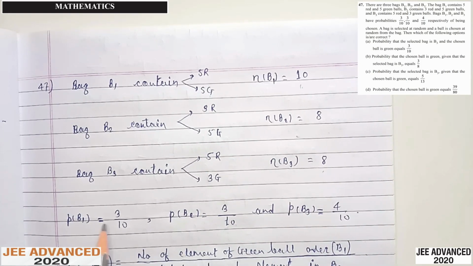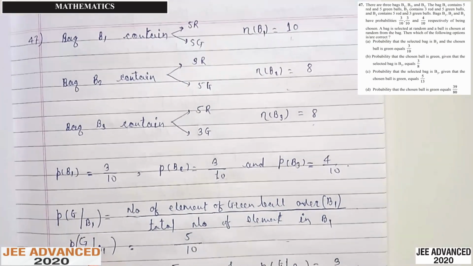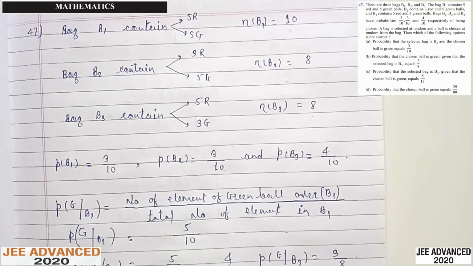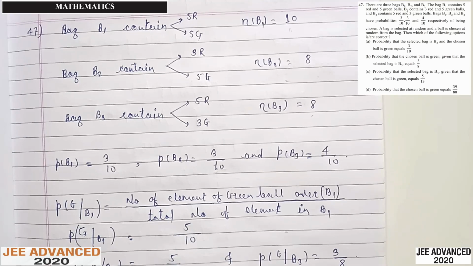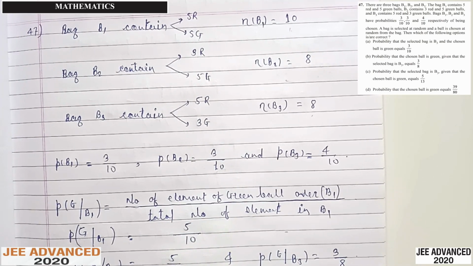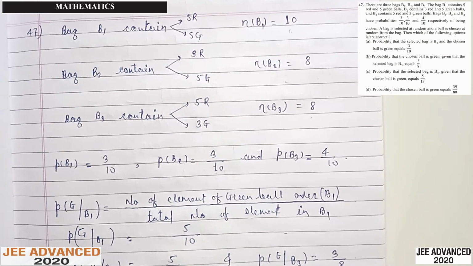With the probabilities of the 3 bags given, we have to find the probability of the balls with respect to every bag. For finding the probability that the chosen ball is green given that the selected bag is B3, which is equal to 3 by 8, that means we want bag B3 over the green ball.